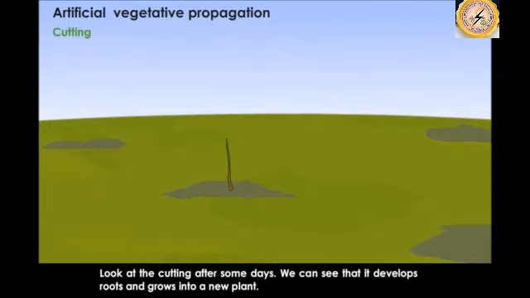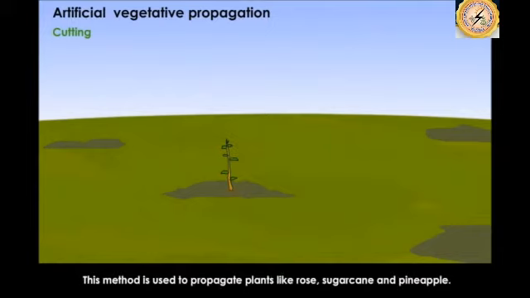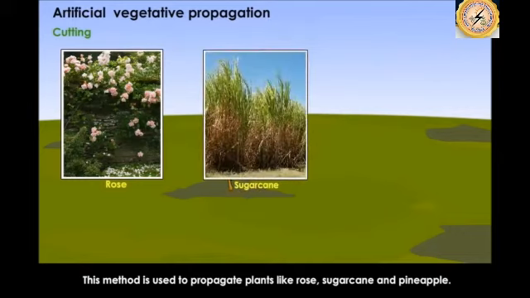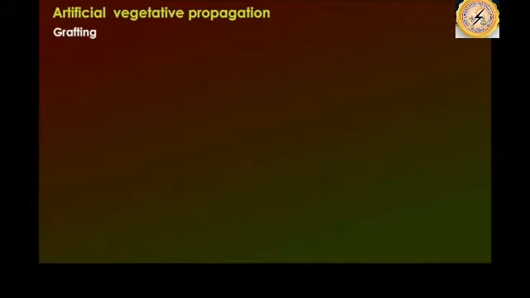Looking at the cutting after a few days, we observe that certain roots have developed in it. This method is used to propagate plants like roses, sugarcanes and pineapples. So from one plant we get multiple plants.